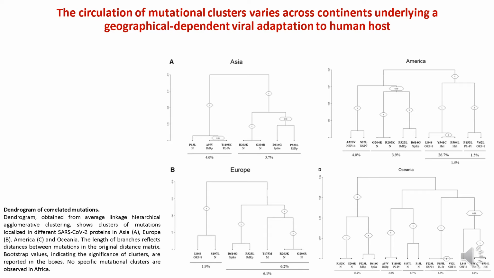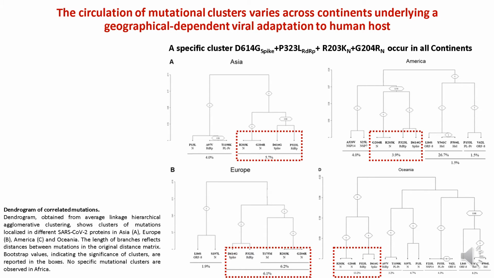Furthermore, these clusters show a geographically dependent circulation, underlying a geographically dependent viral adaptation to the human host. In particular, the spike mutation at position 614 and the polymerase mutation at position 323 were strongly associated with each other. This pair of mutations also occurs in all continents with a frequency ranging from 15 to 83%.